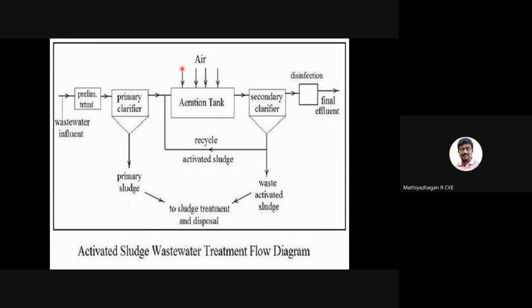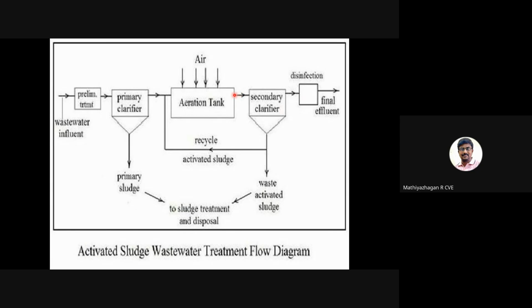And we are introducing the external air. So we are creating a better environment for the bacteria to decompose the organic matter present in the sewage. At the end of this process, we can achieve more than 95% organic matter removal.